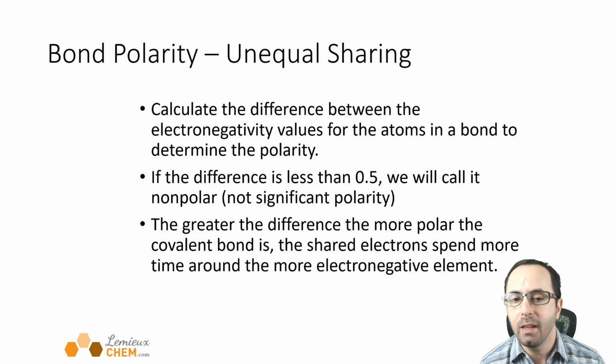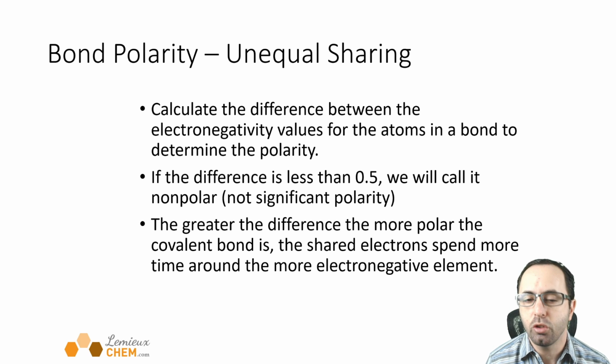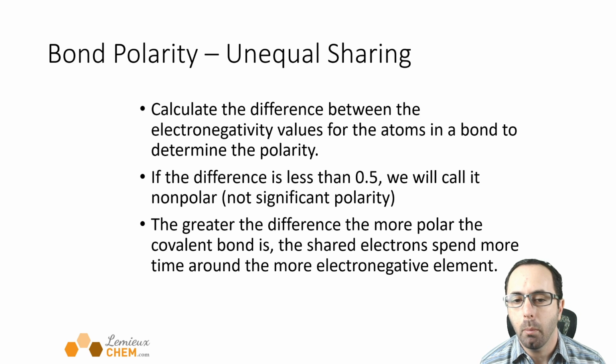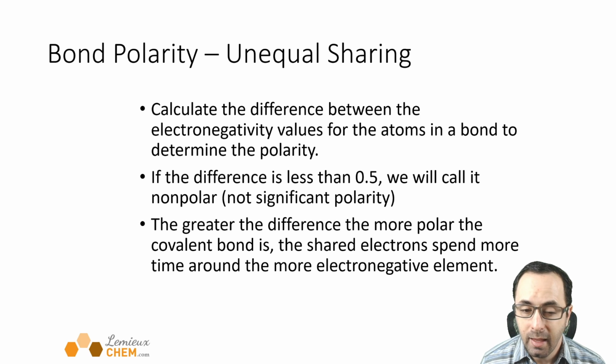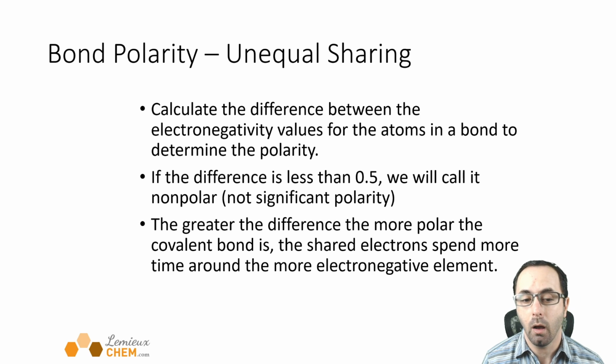You have polarity in bonds when you have unequal sharing of electrons. So what you do is you look at a property called the electronegativity. The electronegativity is a measurement of how hard a type of atom pulls on electrons within a covalent bond. If the difference in electronegativity is less than 3.5, or the difference in pull, we'll say that the bond is nonpolar, or is not significantly polar, but we just say nonpolar.